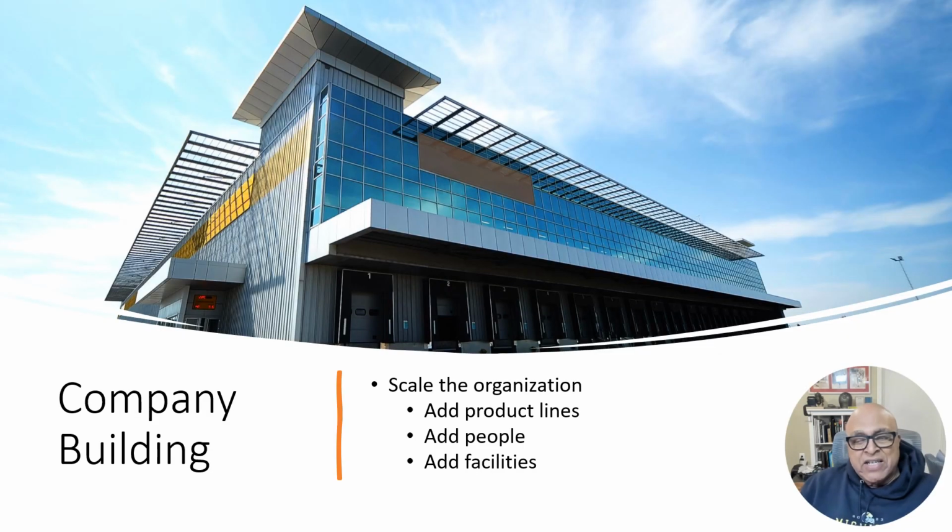So the final stage in this customer development process is something called company building. This is where we're looking to really scale the organization, add product lines, add people, add facilities. We want to become a major company, a resilient, large company.